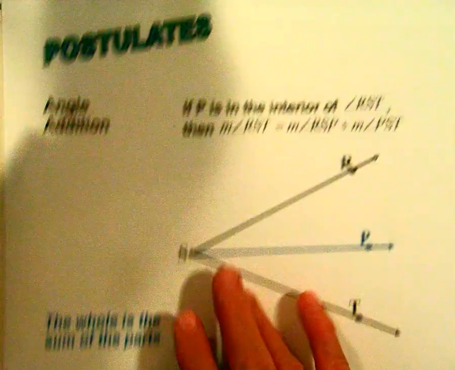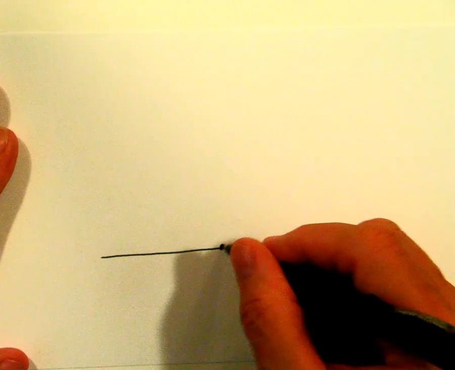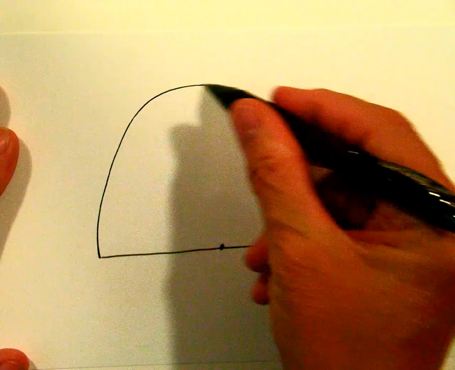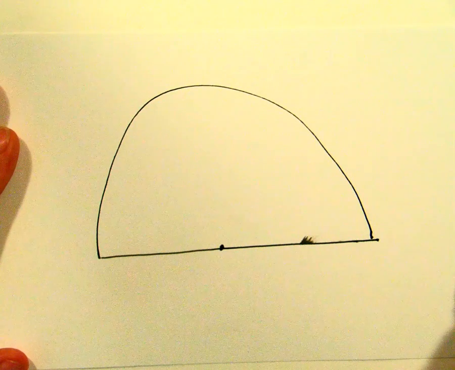All right, next up, we're going to talk about measuring these angles. How are we going to measure an angle? Well, I can make a protractor. Let's see. Here's a line. A protractor is measuring angles, right?